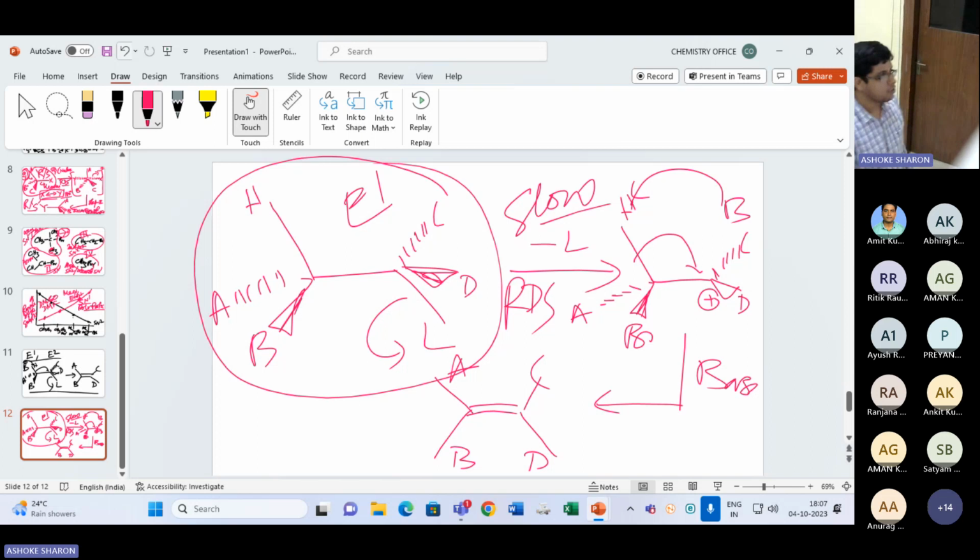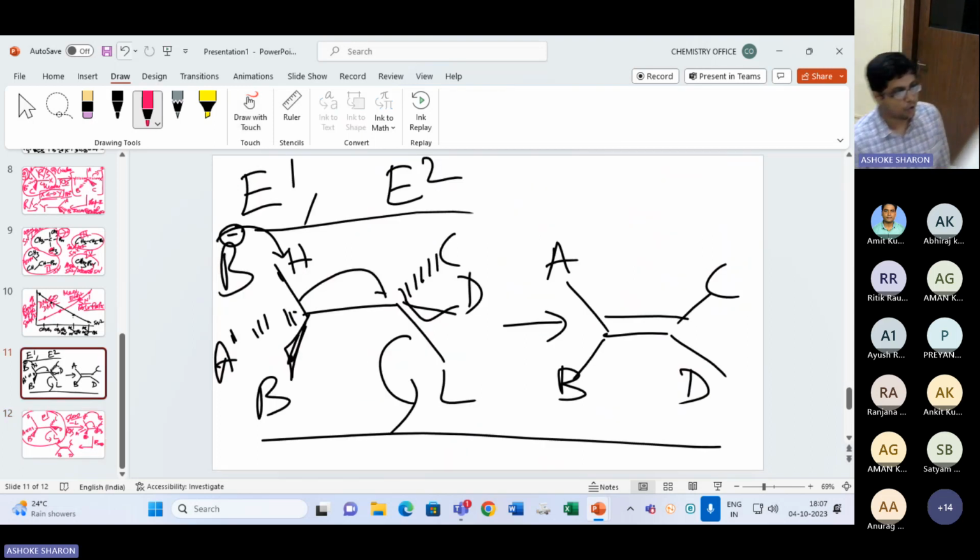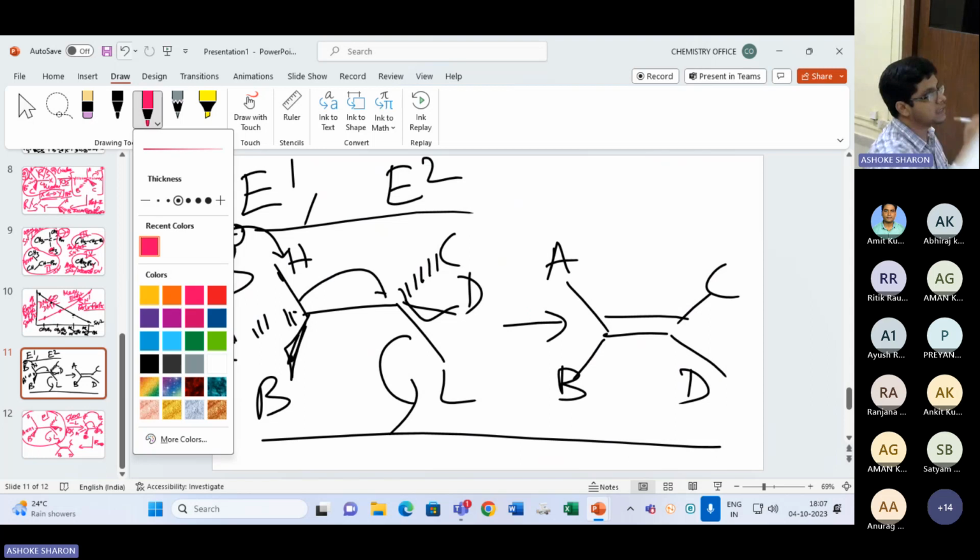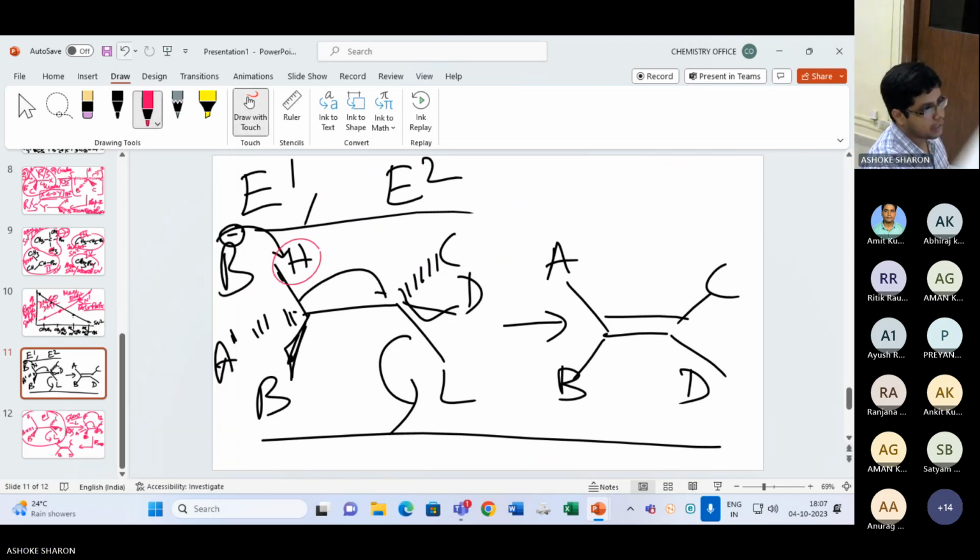Now in the E2 reaction, what will happen? That is the one I drew in the beginning. The base comes in, directly taking the proton, and the leaving group is removed. So there is a transition state where base, hydrogen, and everything are involved. In that particular step, two components are involved.